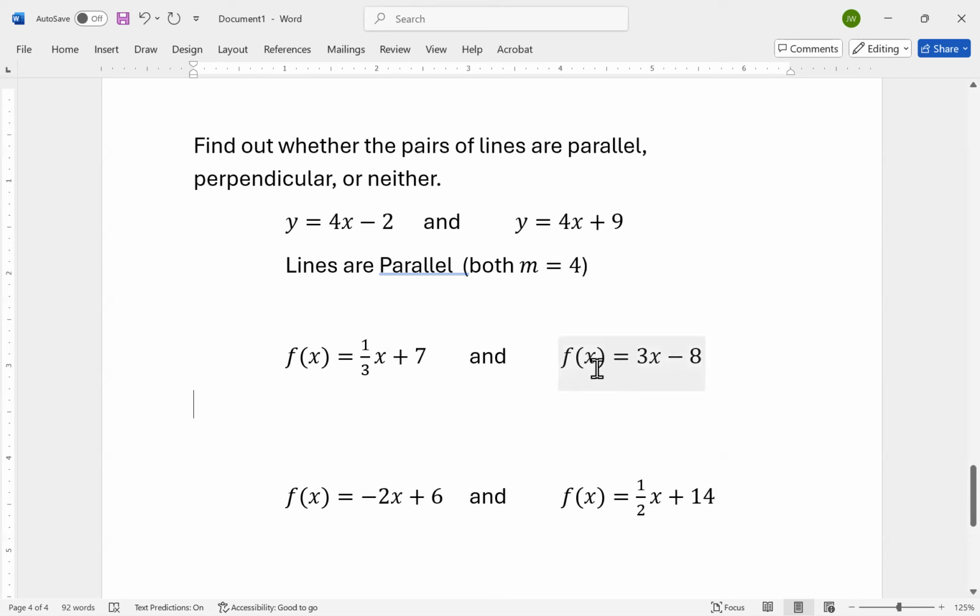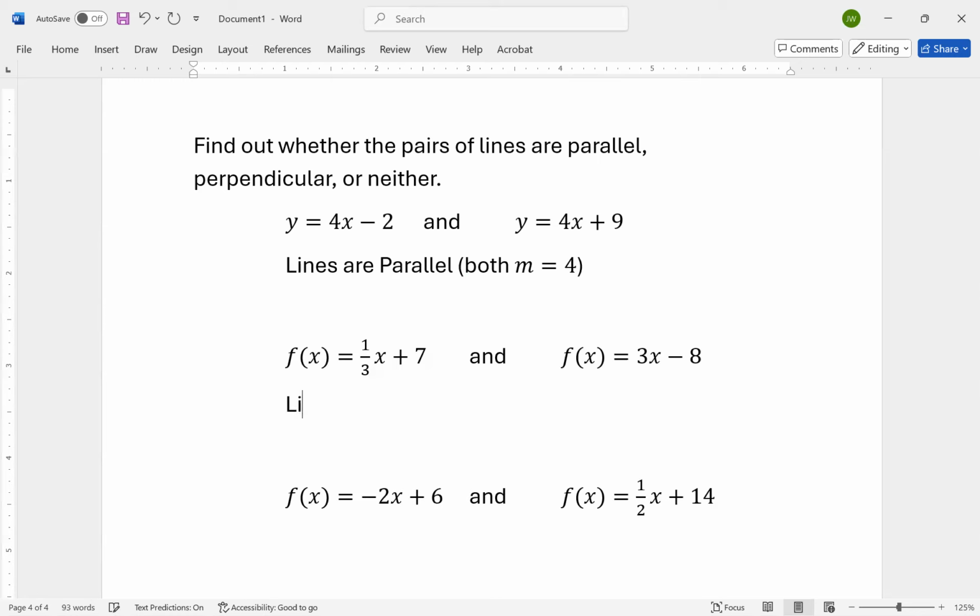In this second pair, one slope is a positive 1/3 and the other slope is a positive 3. So these lines have reciprocal slopes, but they're not negative reciprocals. They're clearly not parallel lines because they have different slopes. But they're also not perpendicular because the slopes are not negative reciprocals.